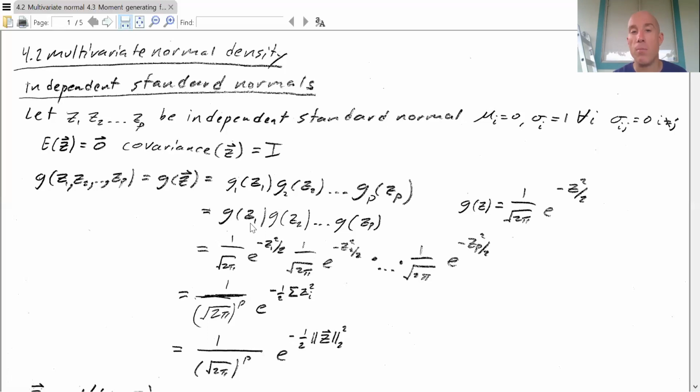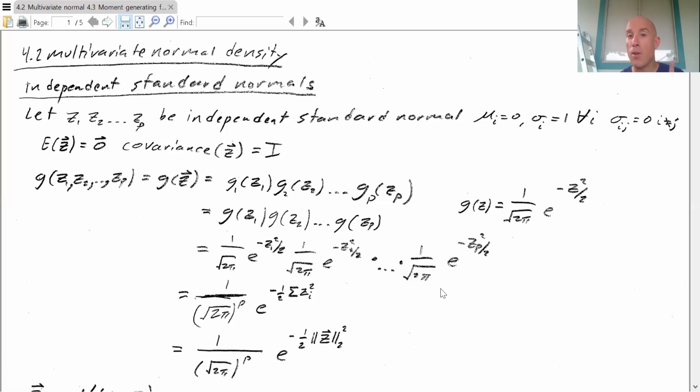I just say it's G for each individual one. And now I'm going to invoke that I know that the density is a standard normal density. And so then I'm going to replace this with standard normal, replace this with standard normal, keep on going down the line until I get to the very end, which I replace with standard normal.